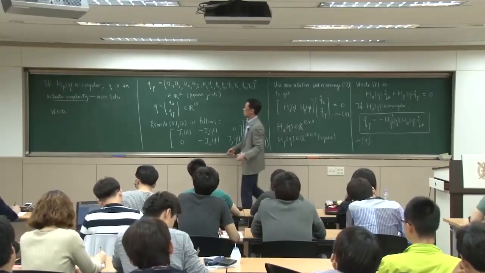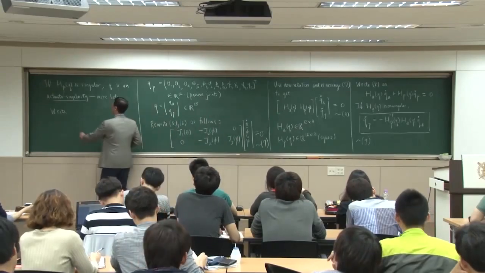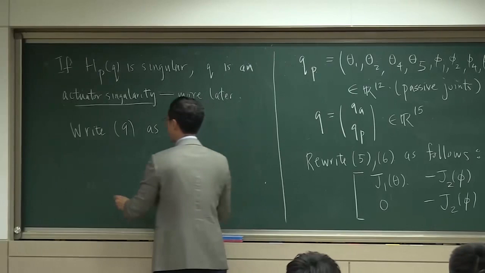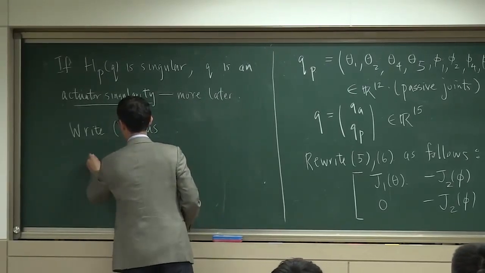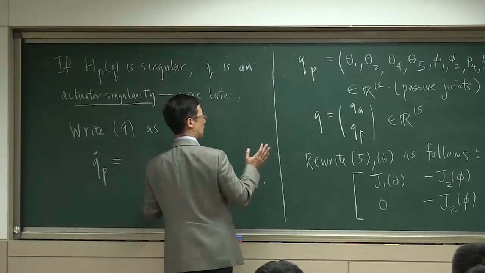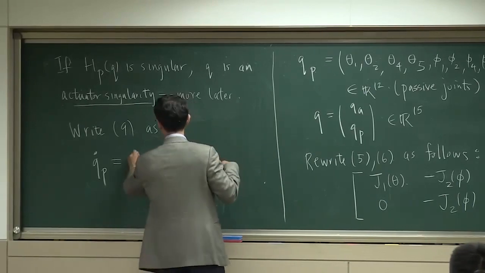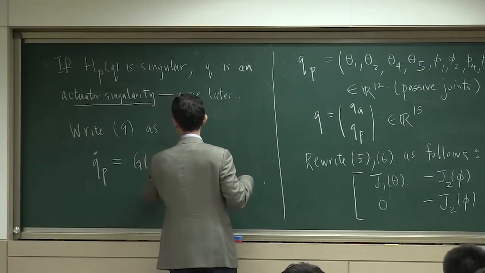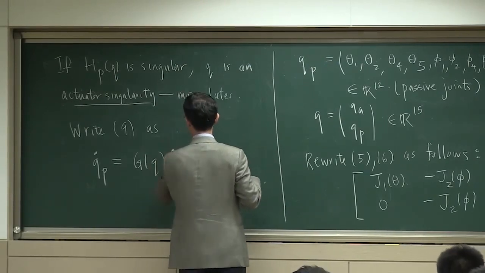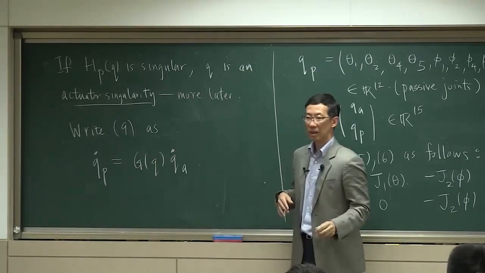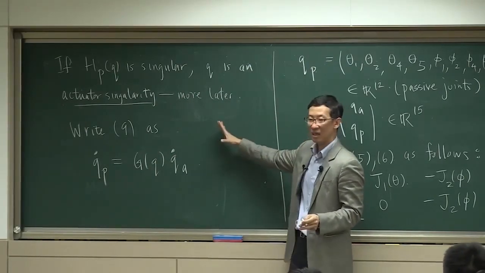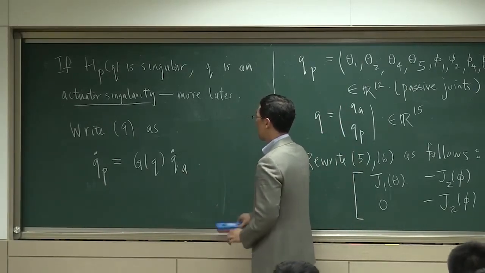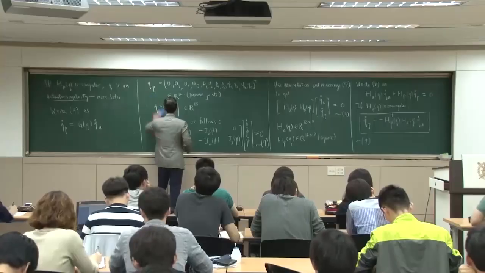Let's write equation 9 in the more generic form. So Q sub P is equal to, say, let's use matrix G, G sub Q times QA dot. And let's just assume it's not singular, so this exists.